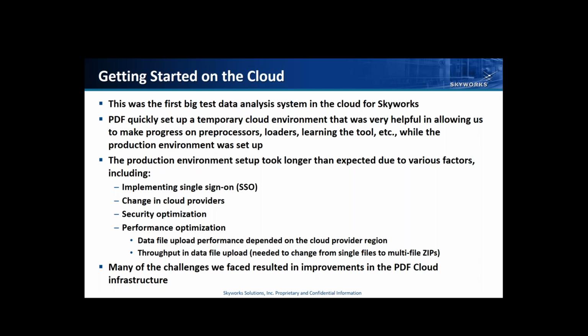On the performance, one of the things we spent a fair amount of time on was optimizing the data file upload performance, because we just have lots and lots of data. One of the interesting things that we ran into that surprised me was we found out that it made a big difference whether we were uploading multi-file zips or individually zipped files.